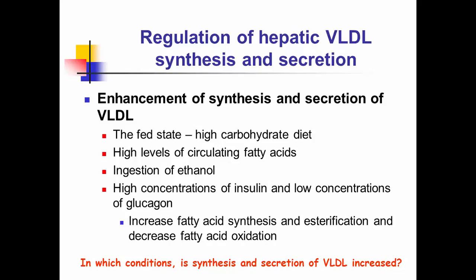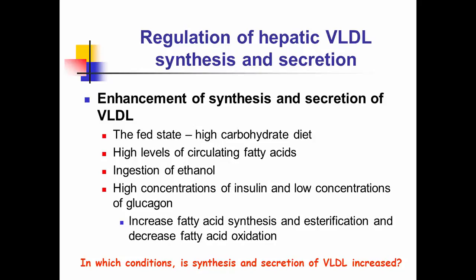And the second condition is the high levels of circulating fatty acids, just like I described in the last slide. Circulating fatty acids can also promote triglyceride synthesis in the liver, and that requires more VLDL, right, to transport the triglyceride.